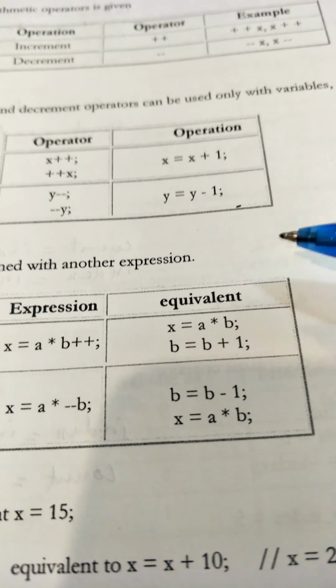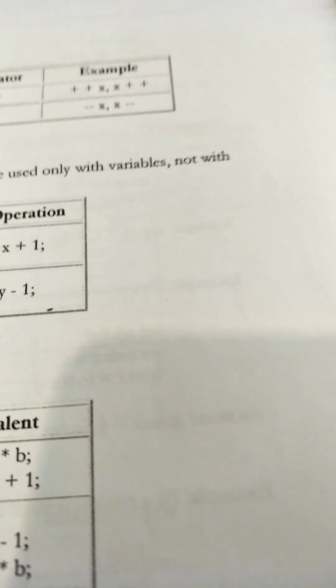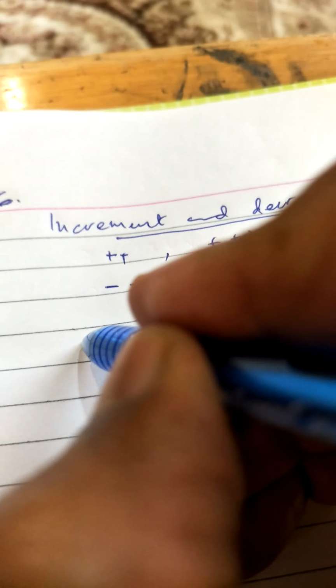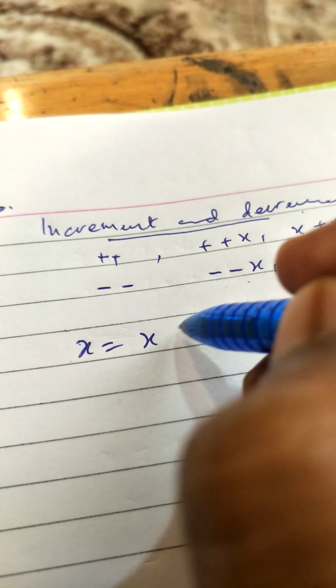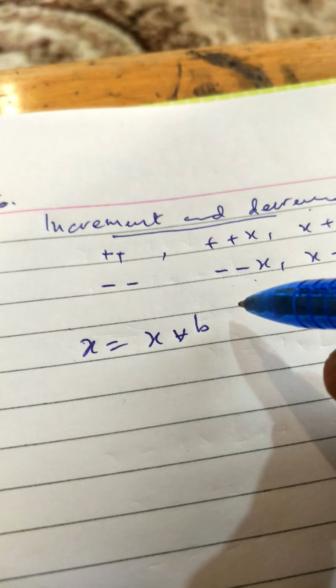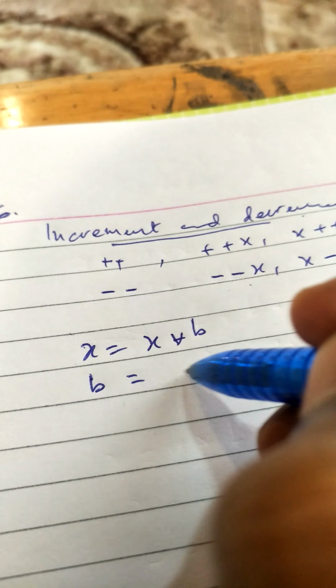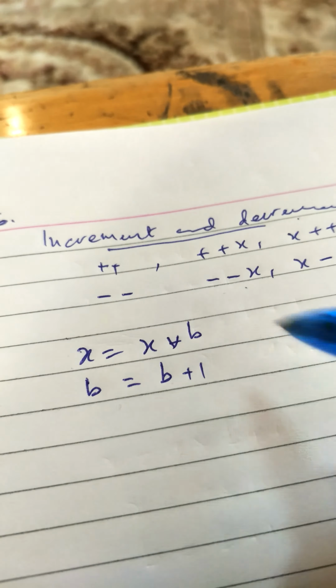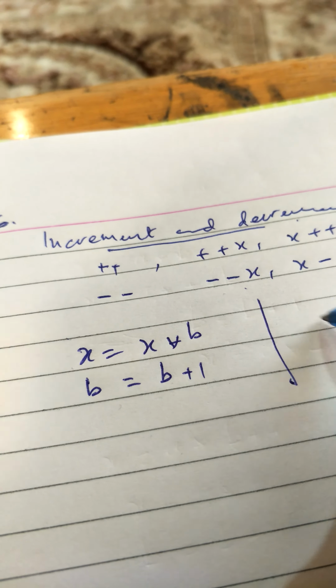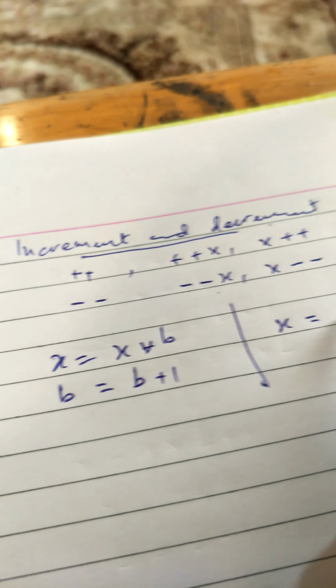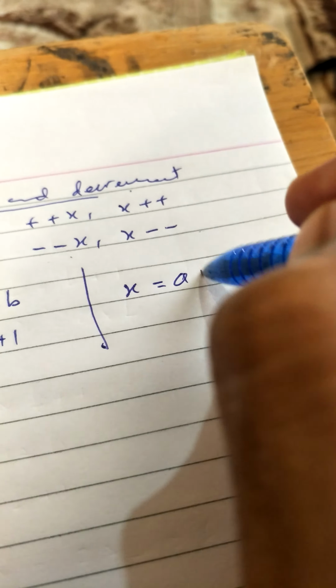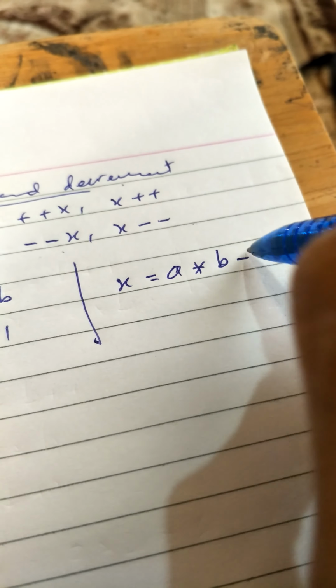So okay, let me explain this a little bit. If you have x equal to a times b, and b is equal to b plus 1, in short we can write this as x equal to a times b++.